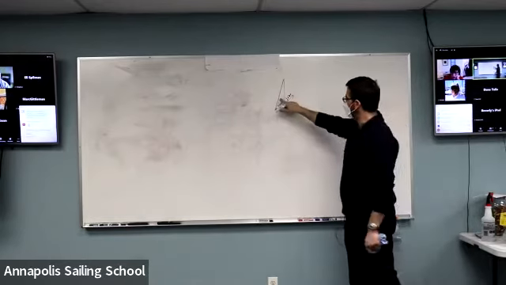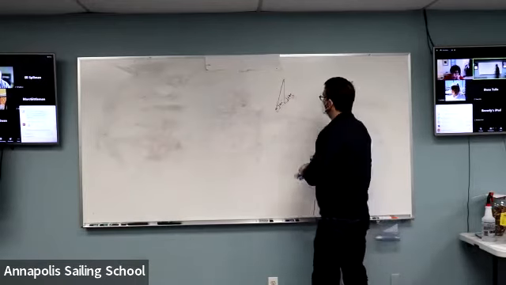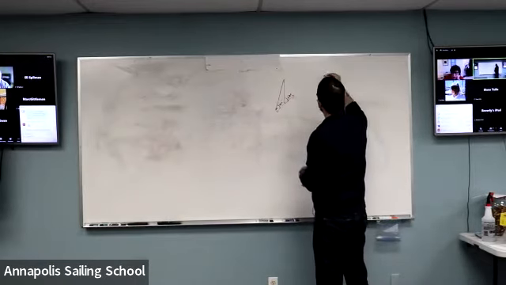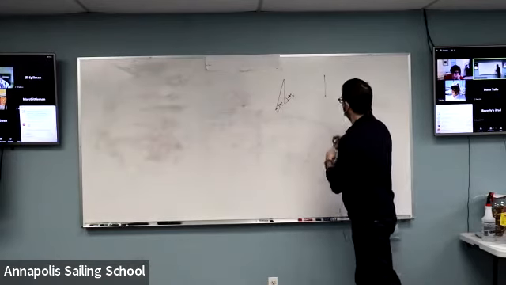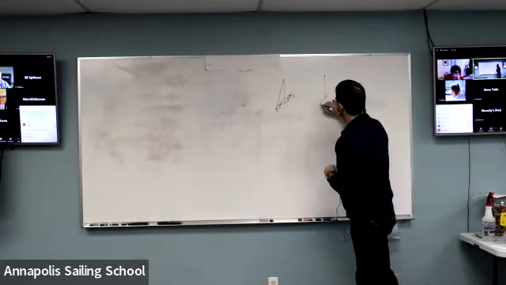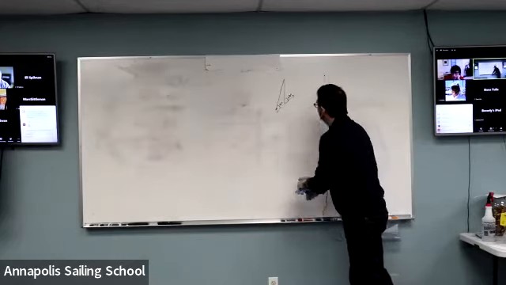You rounded the mark sailing close haul, and this purple line is your apparent wind. And then you're going downwind. So you've got the true wind here, same true wind, but now your boat speed is like, I don't know, like this. Whoops, keep it red. Your boat, well, let's make it black.